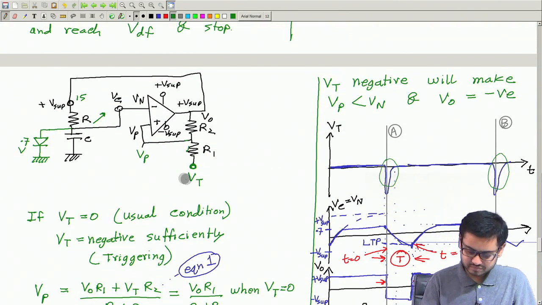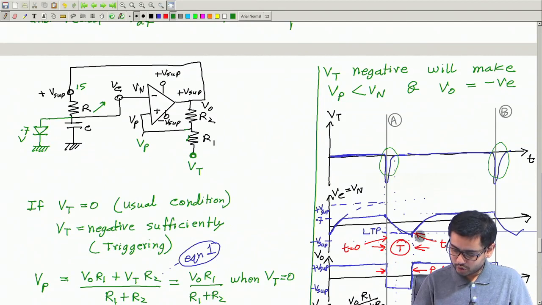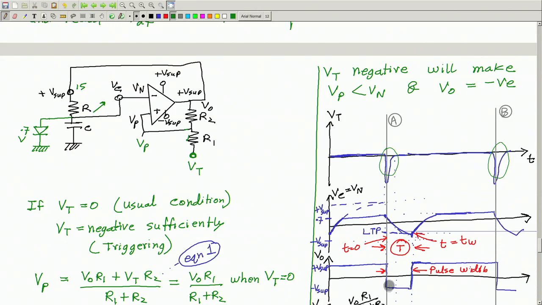And the value of LTP you can find easily. LTP is how much? You see in this region the output is negative. So, we will ask what is the value of Vn which will make the output positive. If the output is equal to minus V supply, then this point is at minus V supply times R1 by R1 plus R2. This is the voltage here.